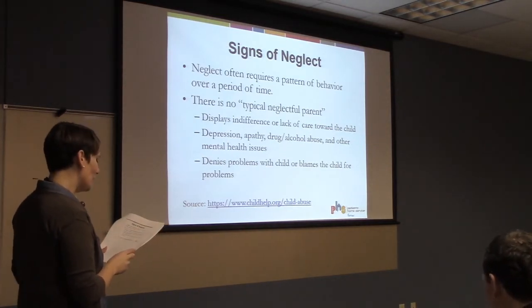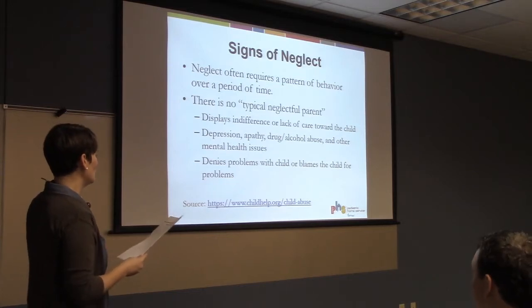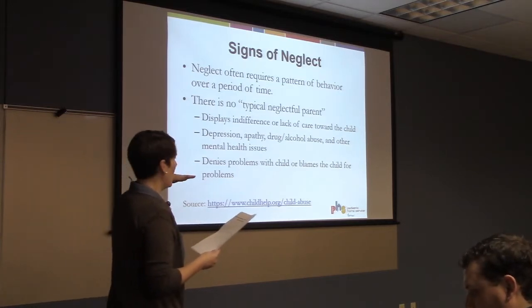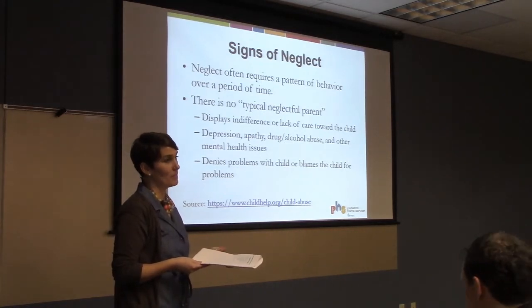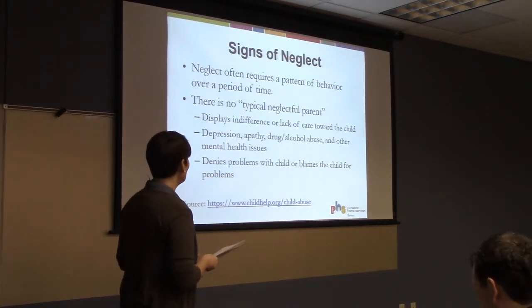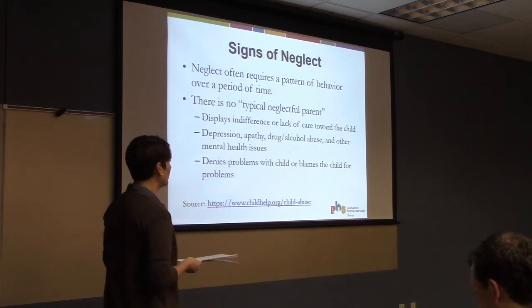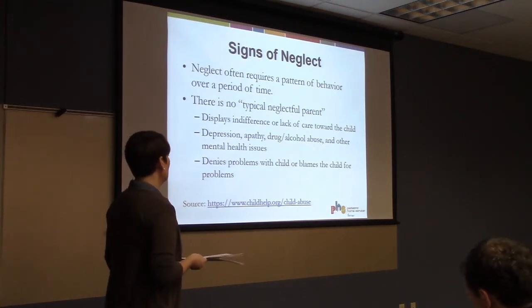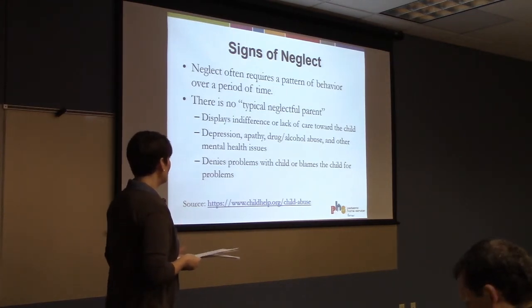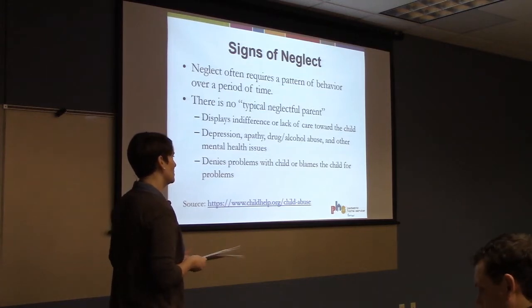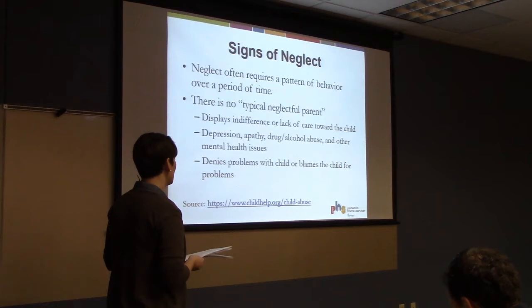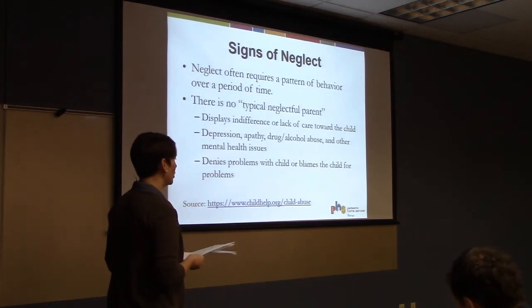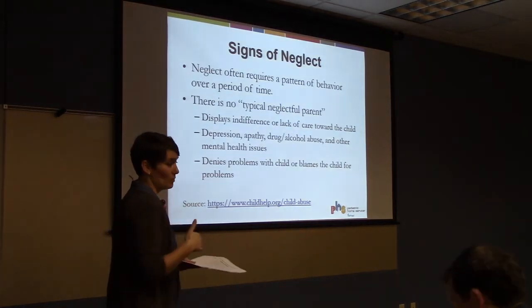There's no typical neglectful parent, but if you see some of these signs listed down here, it might indicate that a parent might need additional help. They might display an indifference or lack of care toward the child, the parent is depressed, they're using drugs or alcohol, might have other mental health issues, they might deny problems with the child, or they're blaming the child for their problems.